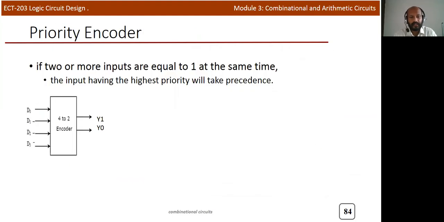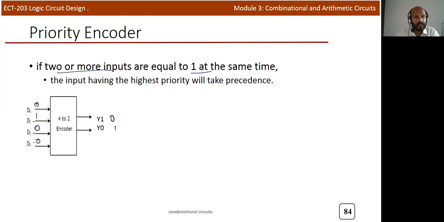Now we'll discuss another circuit which is known as a priority encoder. In the previous cases, in all combinations, we discussed that only one of the input lines is 1 at a time. But if 2 or more inputs are equal to 1 at the same time, what happens? In the previous case, we know that if it is 0, 1, 0, 0, the output will be 0, 1.